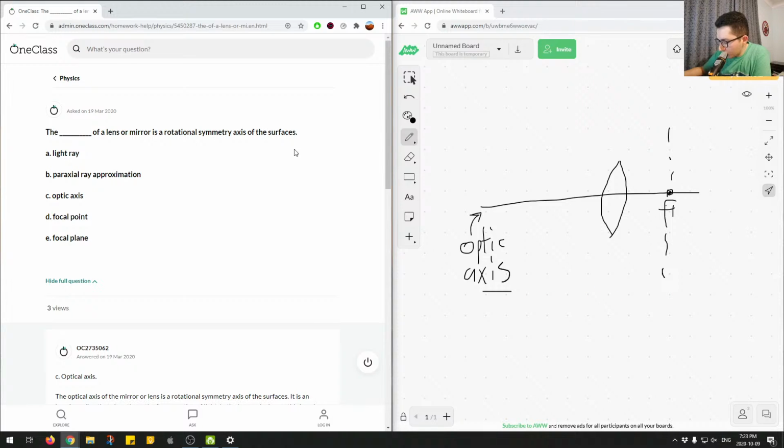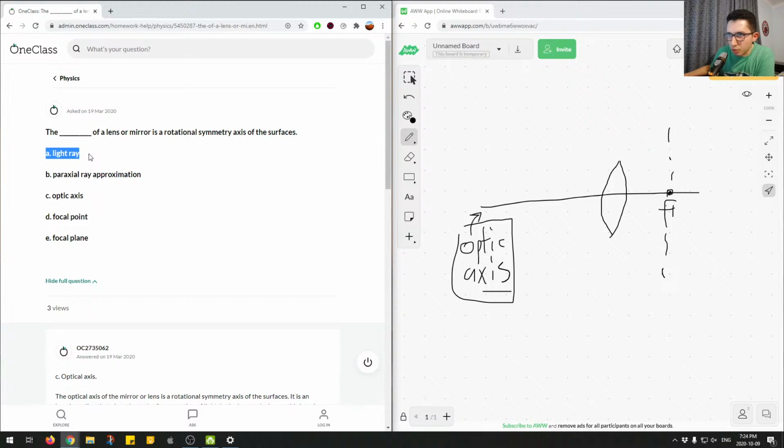So we can see how the answer is the optic axis, because if we rotate this around, the lens would be like a convex or concave circular, or cylindrical object that's either concaved in or concaved out, and it would be rotating around the optic axis. So the rotational symmetry axis of the surfaces is the optic axis.